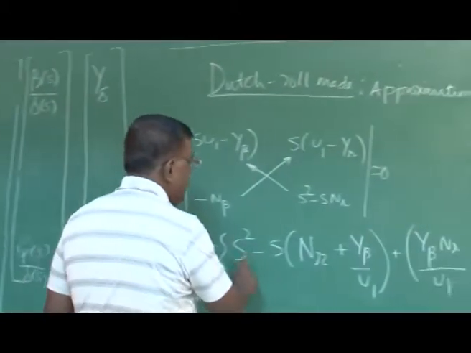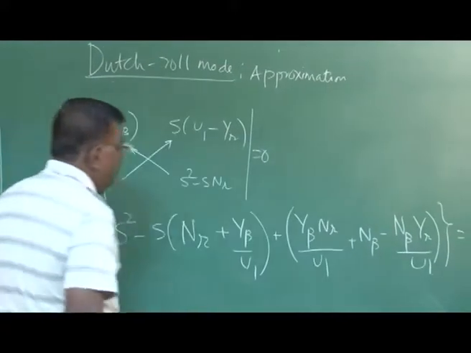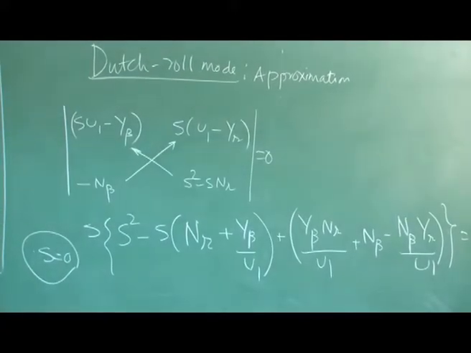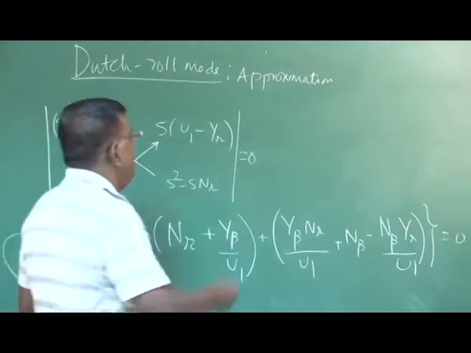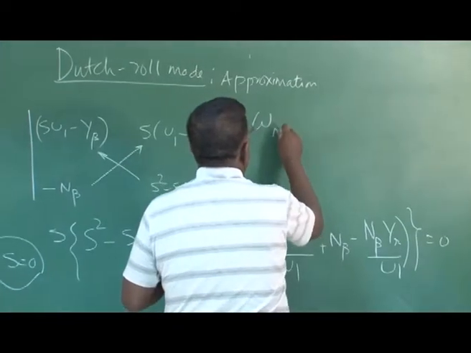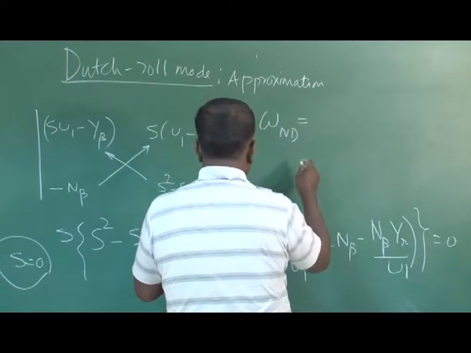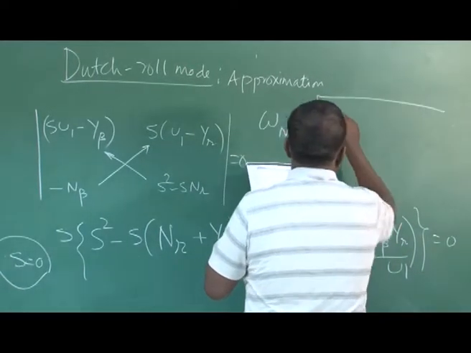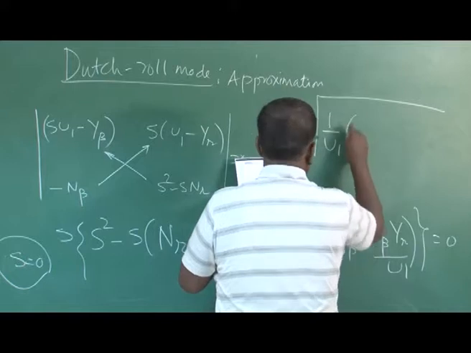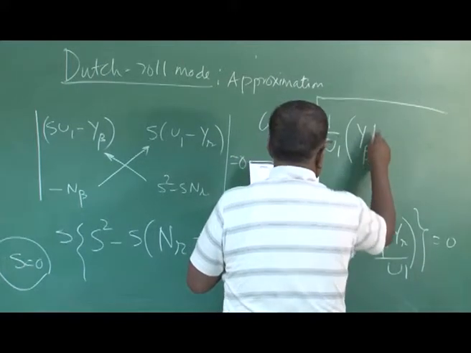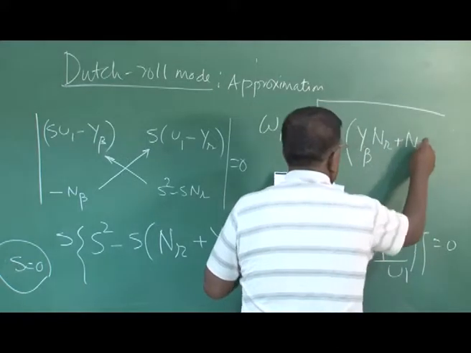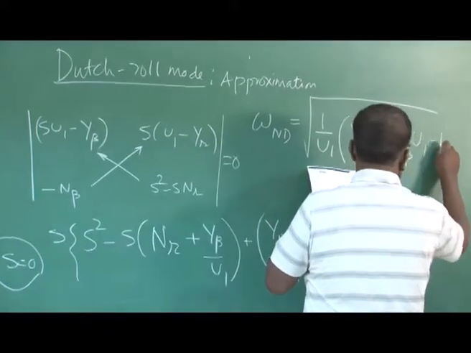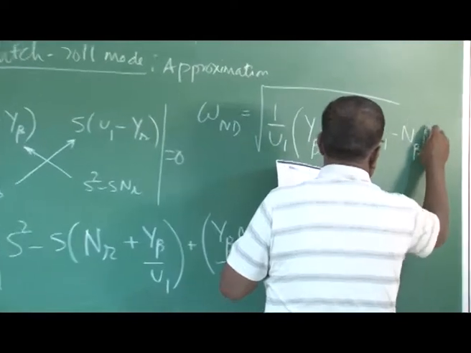So we get again a second order equation of the form of a mass spring damper system. So you can easily use this and write omega n Dutch roll as 1 by U1 into Y beta NR plus N beta U1 minus N beta NR, under the square root.